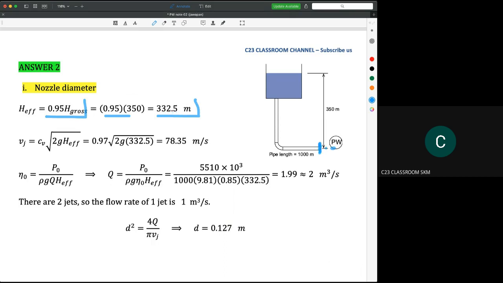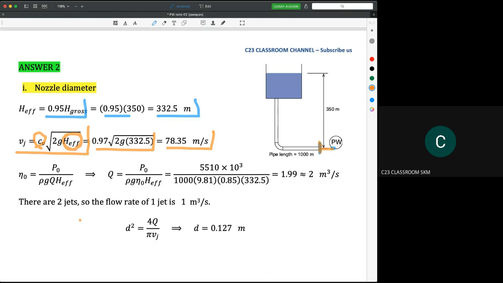Because water travels from the nozzle to the Pelton wheel with certain losses, we calculate the velocity of jet that hits the Pelton wheel using CV square root 2GH effective, where this effective head is the head at the nozzle. Then we determine that the velocity of jet that hits the bucket is 78.35 meters per second.